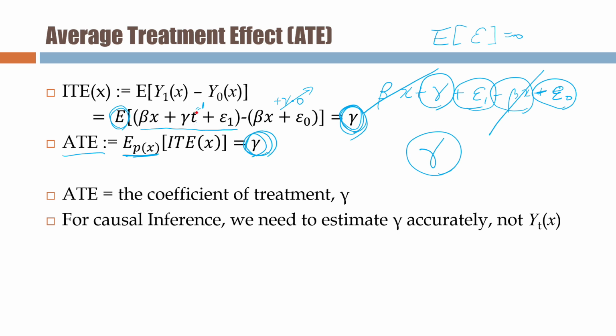So in that case, you can just fit y equals beta x plus gamma t, and do the regression, right? And you can find out the gamma, and gamma will be the average treatment effect.